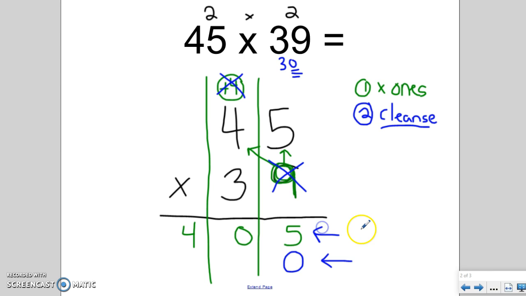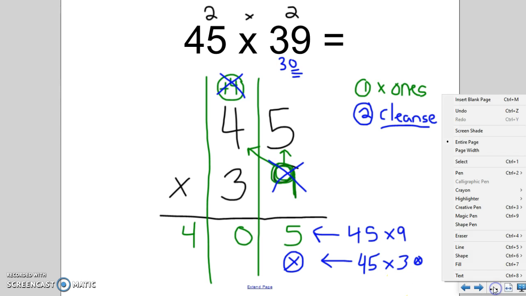This right here is what we got when we did 45 times 9. Underneath that is where we're going to do 45 times 30. So we have 45 times 30 down here. But this 0, we're just going to put it in there to already start. We don't have to worry about it later.